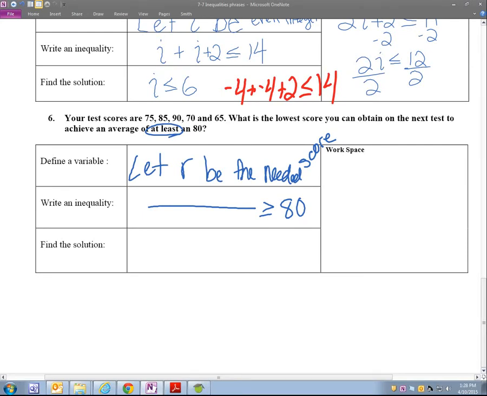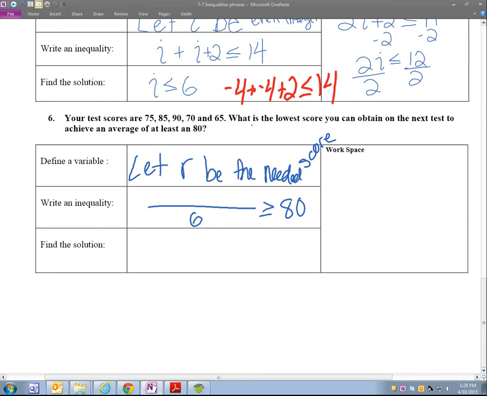So we counted that we've already taken 5 tests, right? If we need our average to be greater than or equal to 80, how many tests are we taking it from? Nope, we've already taken 5. Drake, 6. We have 6 of them because we have 1, 2, 3, 4, 5, and then we need another score. So we have 6 in the denominator.